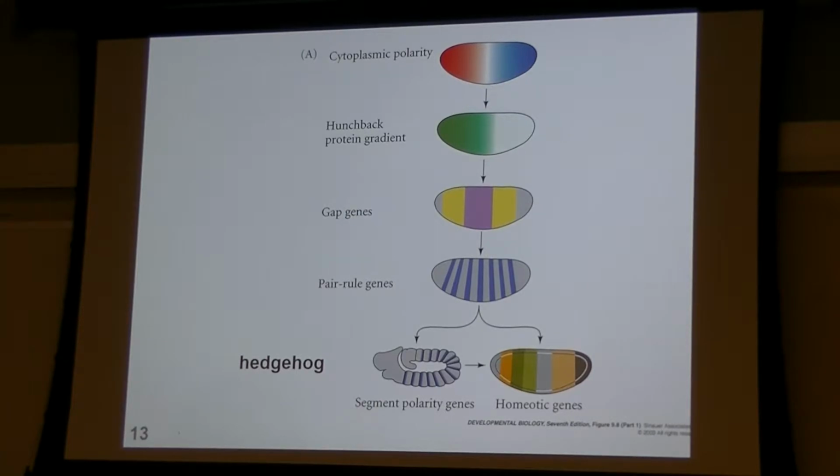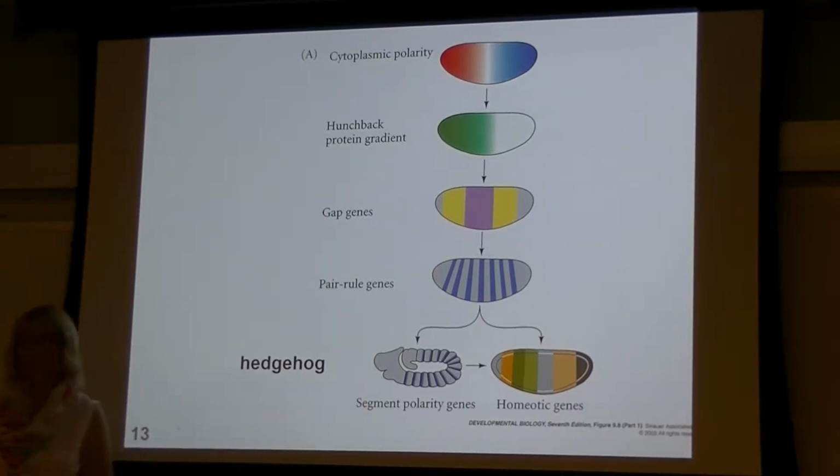So they named it hedgehog because hedgehogs have this bristly appearance, with thick, short bristles. Anyway, this turns out to be a mutation in a segment polarity gene. It was one of the early patterning genes, and it was expressed in a whole array of stripes, either in anterior or posterior halves of parasegments.